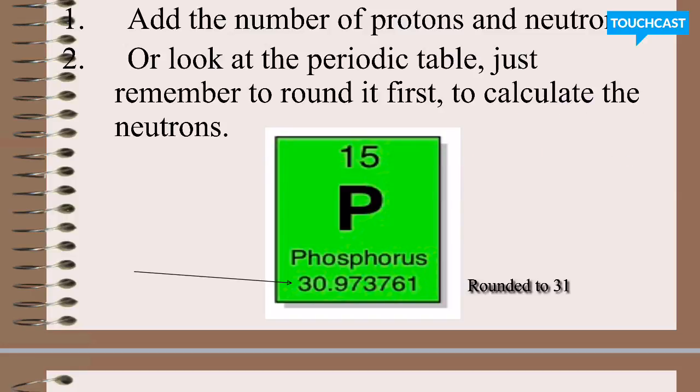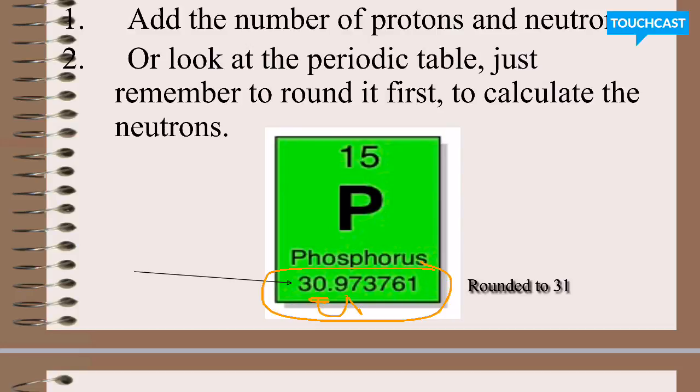Alright, so here is the periodic table. An example is phosphorus. It is an element, okay? So here's my mass, and it's 30.9. So what I would want to do is round this number. We always want to round to the nearest whole number. So I want to round to this 0 because it's just to the left of the decimal.